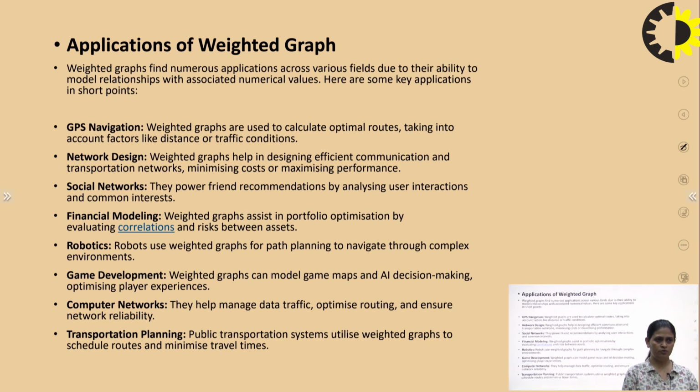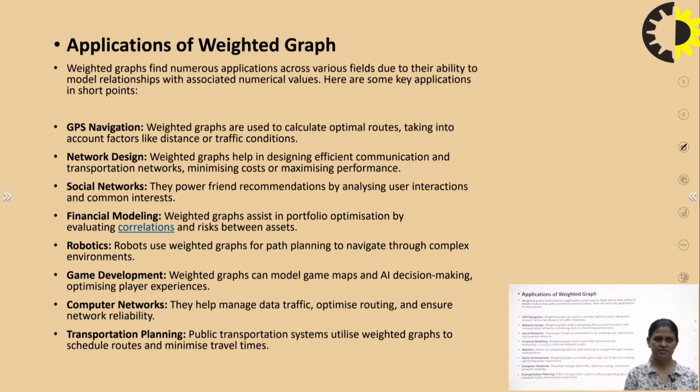Robots use weighted graphs for path planning to navigate through complex environments. Game development. Weighted graphs are used for game maps, AI decision making, and optimizing player experiences.